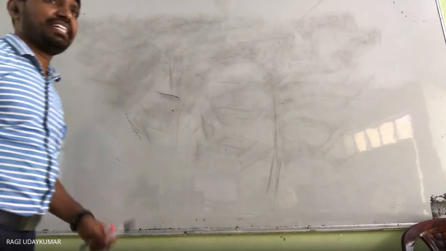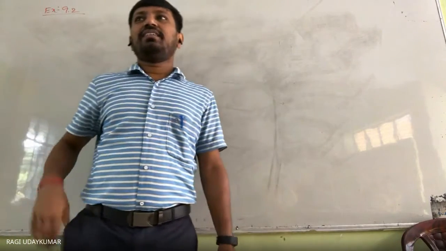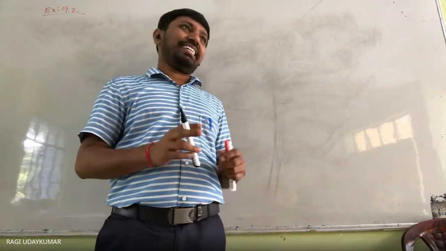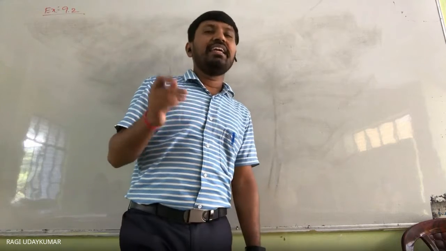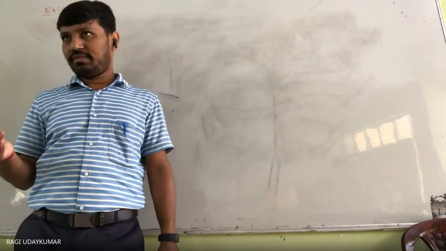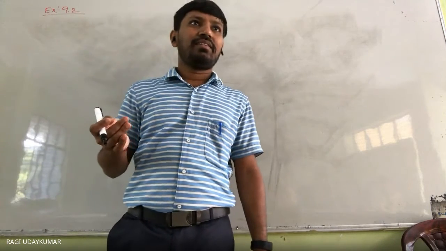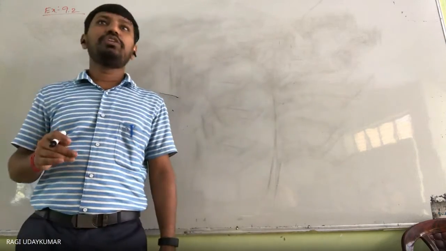What is the sum of the interior angles of the polygon? The sum of the exterior angles is 360. The sum of the interior angles of the polygon, if it is an n-sided polygon, is n minus 2 into 180 degrees. Yes, n minus 2 into 180 degrees.